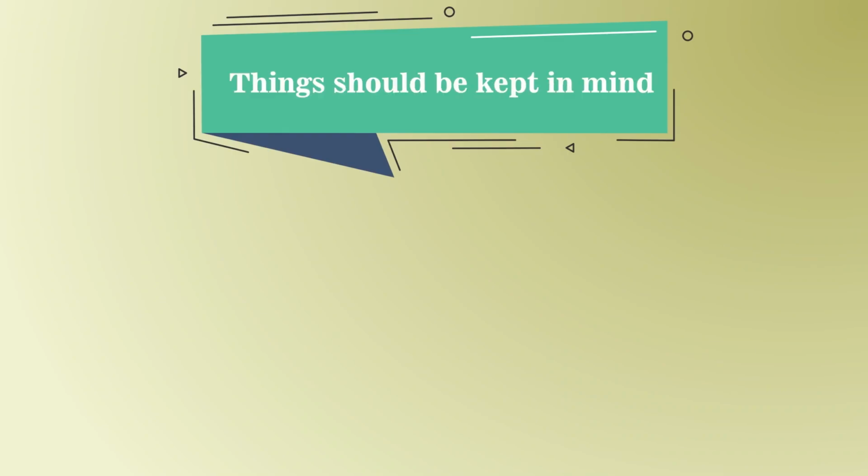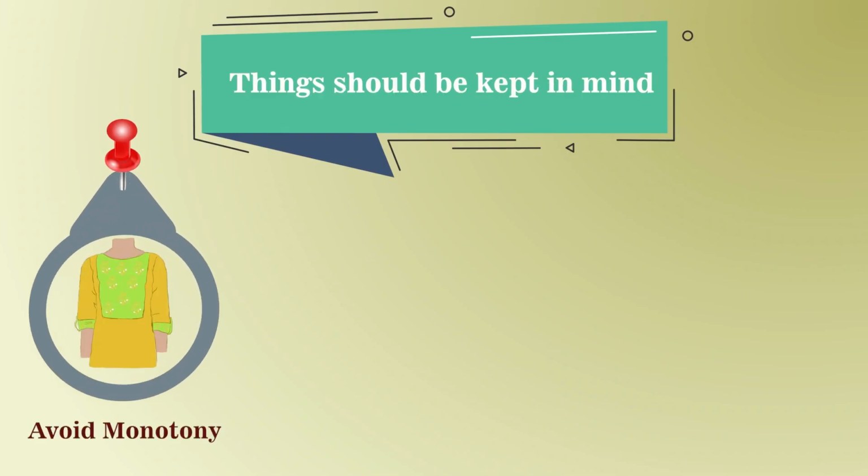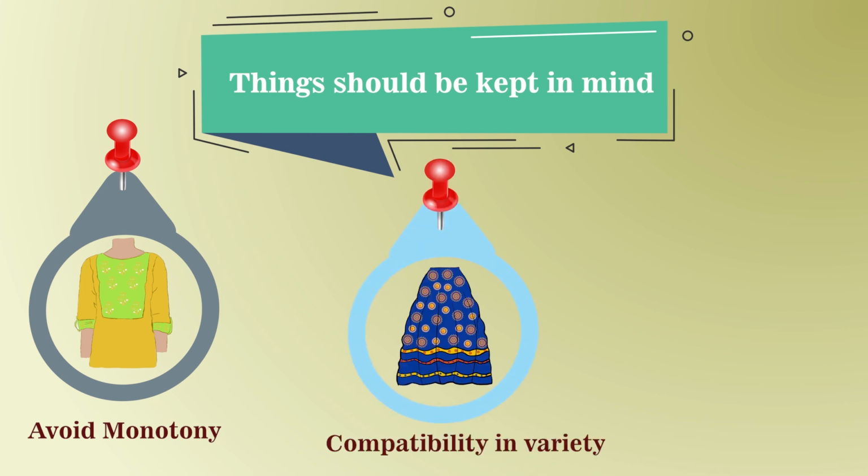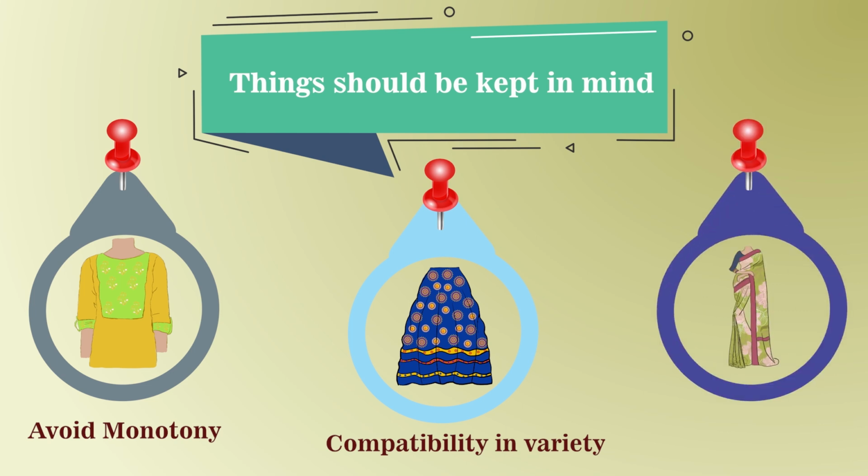But you must always remember that whenever we are applying harmony to any design or art piece, there are things that should be kept in mind. First, we must avoid monotony. Second, we must ensure compatibility in variety. And third, we must ensure unity. Only when these three things are kept in mind can harmony be applied in the most optimal manner for the design to look wonderful.